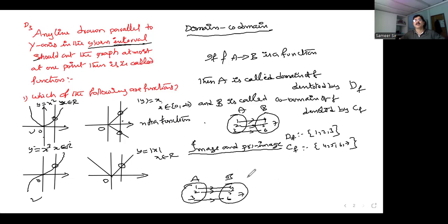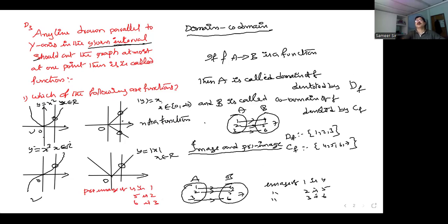Now here, simply I can say: image of 1 is 4, image of 2 is 5, image of 3 is 6, like this. And now I want to write one more: pre-image. Pre-image of 4 is 1, 5 is 2, 6 is 3. Like this we are going to write.